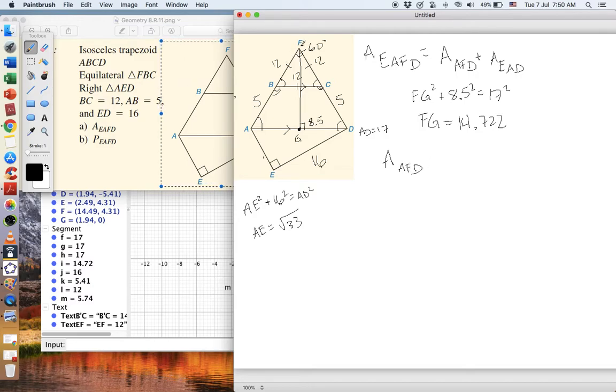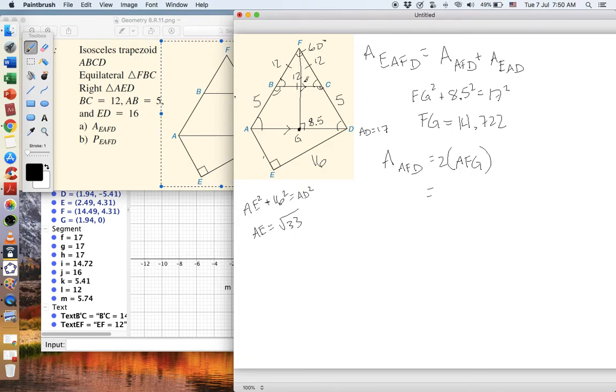Now we know the height already is equal to FG. Since we're working with the equilateral triangle, our height here is also our altitude, so we can say the area of AFD is equal to 2 times the area of AFG, right? 2 times the area of this here.